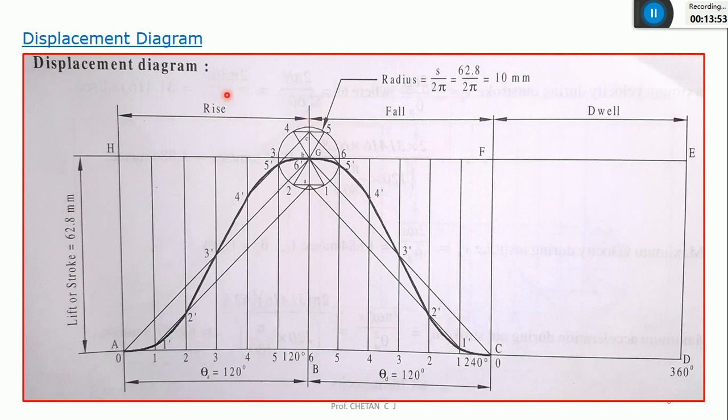Since outward and return are both with cycloidal motion, I'll draw a common circle so that I can save my time. The stroke length of the follower is given as 62.8 mm. I'll explain how to use the cycloidal motion or circle method to draw the displacement diagram.